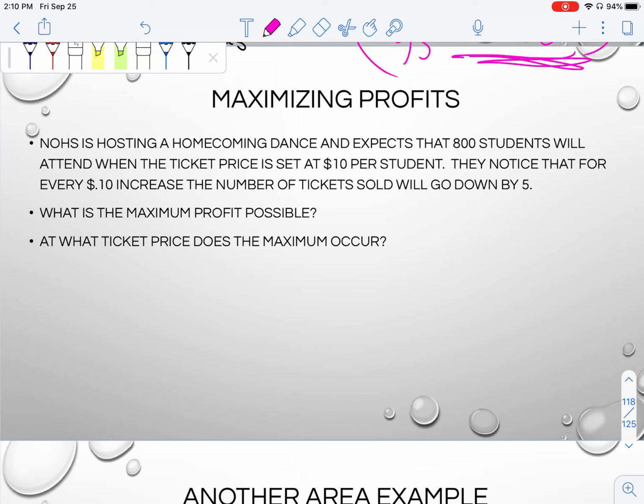I'm going to say let x equal the number of increases in the ticket price. To find how much money we're going to make, our profit is going to be the number of tickets we sell times the price per ticket.